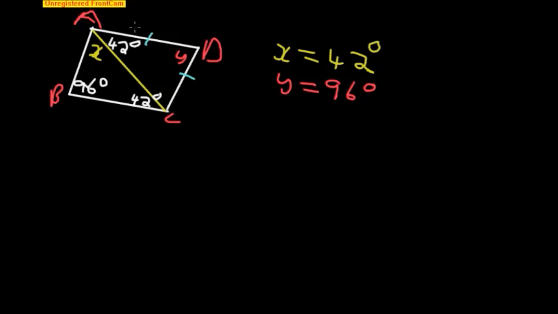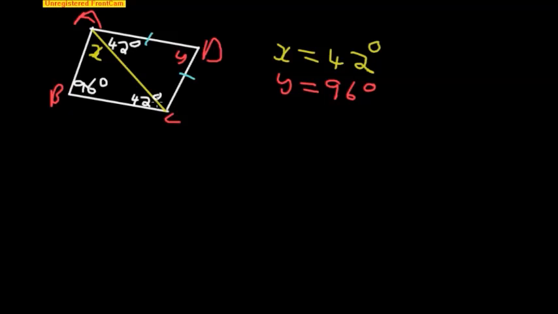Lastly, we need to show that if we add up all these angles, we will in fact obtain 360 degrees. So we know the value of x is 42 degrees, and we have 42 degrees here.